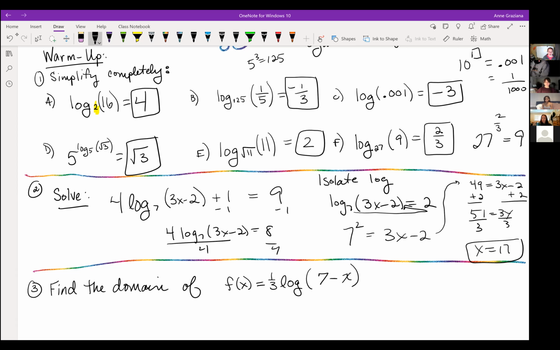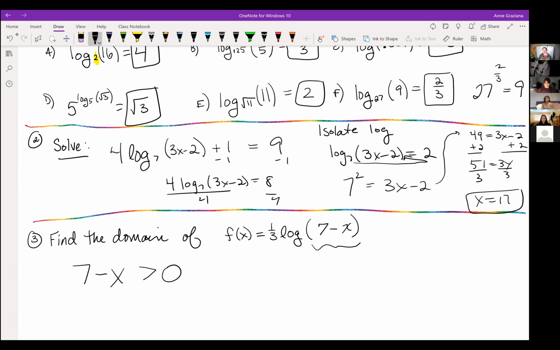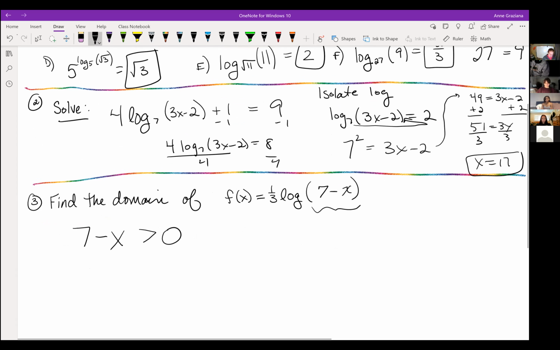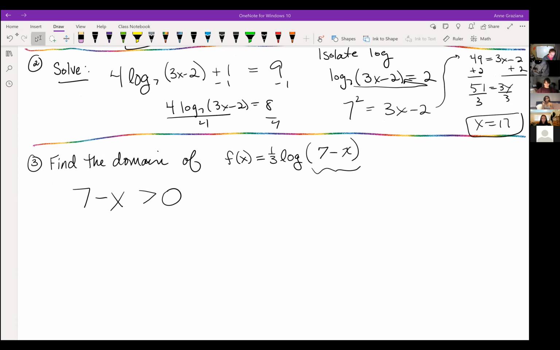Always, whatever x's go in, you can never get log of 0 or log of a negative number. Now that 1/3 has no bearing, that's just a constant. So I threw that in there. It's not going to change what you're putting in your function as long as this part stays positive.